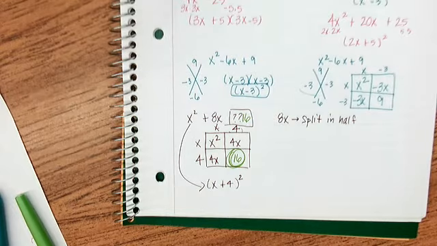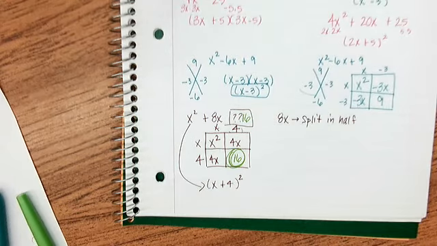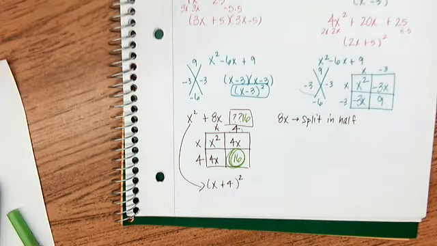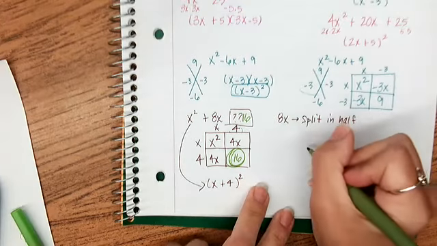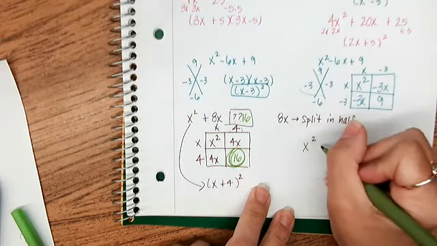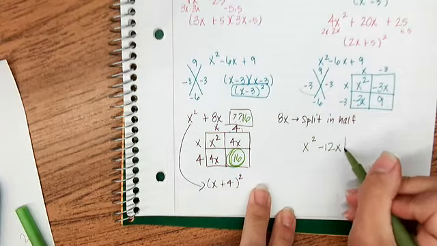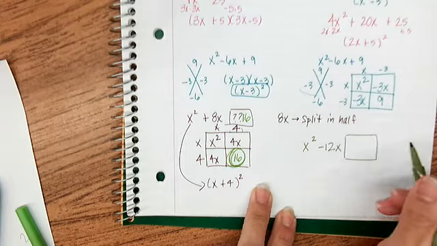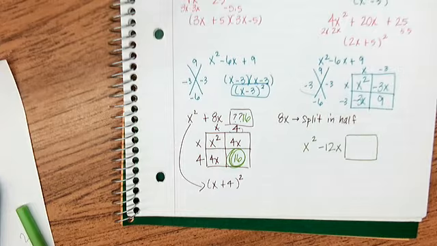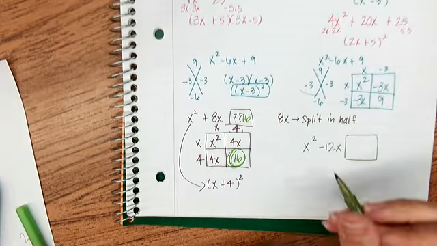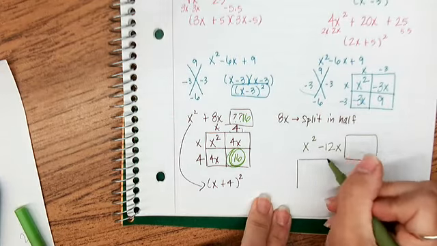Okay, so again, pause the video as you go so you can take a look at what's happening. Let's do another one. Let's look at x squared minus 12x. And I want to know what should go here. Okay, so let's make our box. You don't have to make the box, okay?